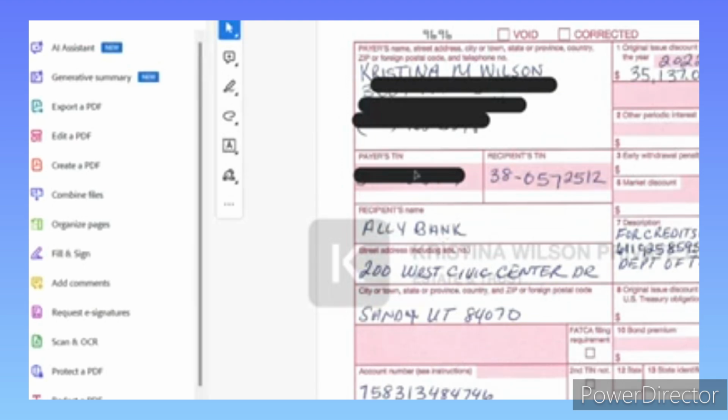Okay, when I got that 35 grand back, I didn't go to Ally Bank. For what? I had bought the car from them 6 years prior. So on the OIDs, you guys keep asking me, like, should I put myself as the payer and put the utility company as the recipient? No, because the utility company did not receive it.